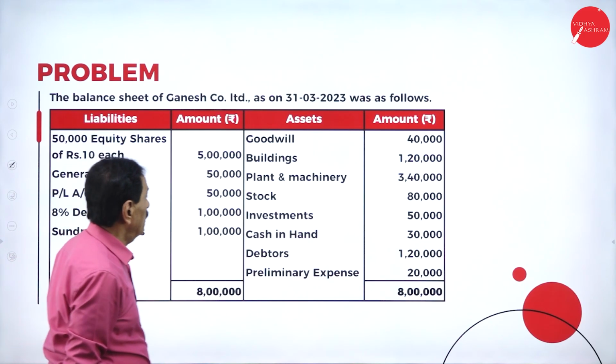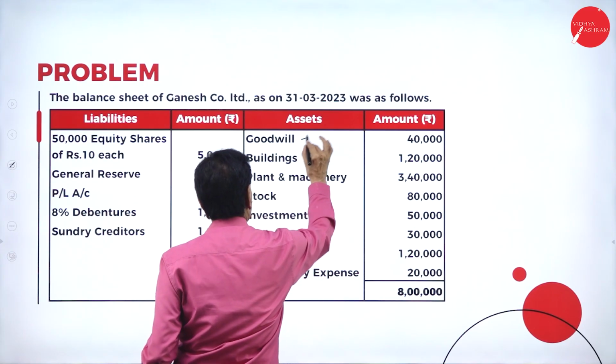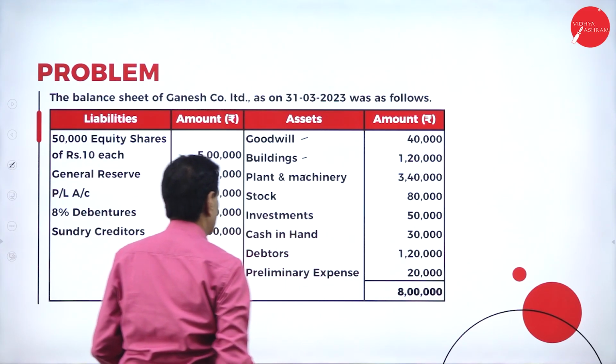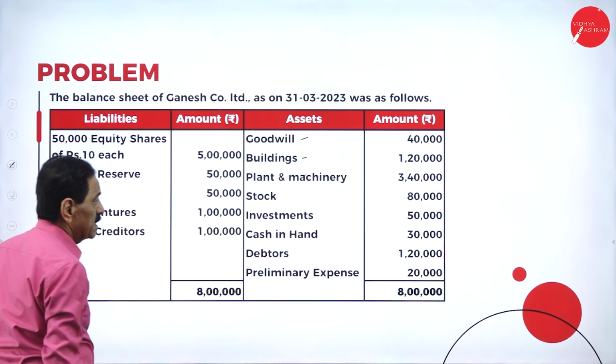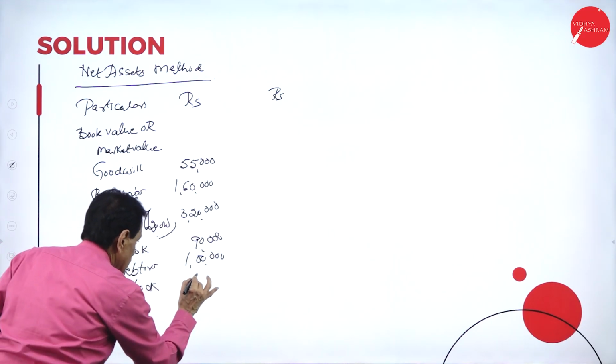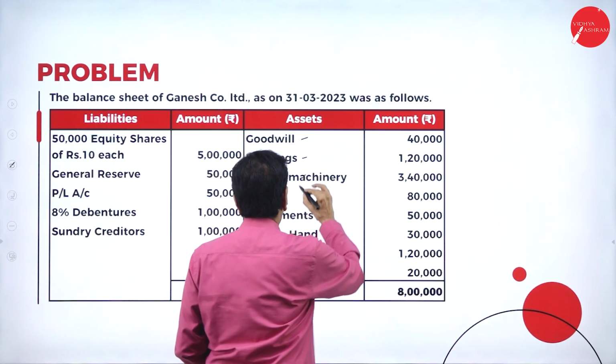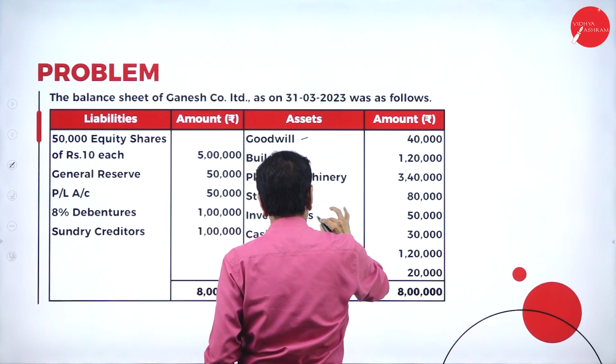Which is left over, you have to see that goodwill has been revalued. Okay. Building over. About the stock, 90,000.